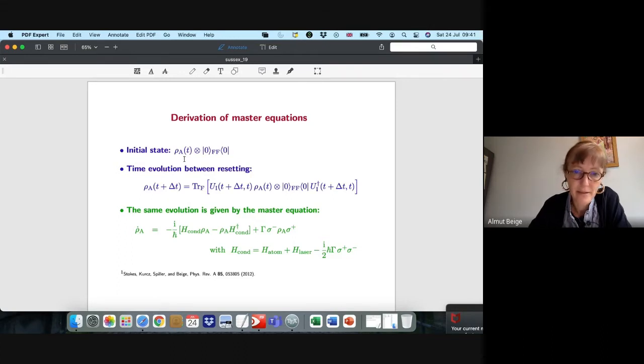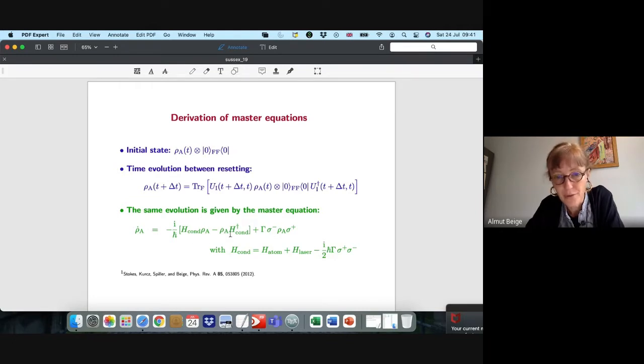And then once you know how this density matrix of the atom changes, you can rewrite it as a differential equation. You can say this density matrix minus the initial density matrix divided by delta t, so I can calculate the derivative of the density matrix. And then you would get an equation of this form, which is the quantum optical master equation.